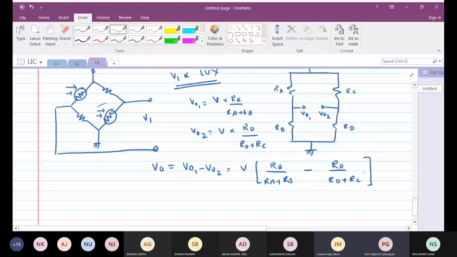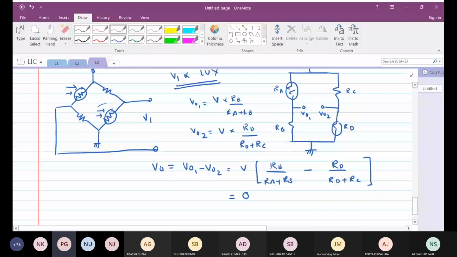Yes, sir. Now, if all these resistors are equal, what will be the output voltage? If all these resistors are of equal value, what will be the output voltage? 0. Yes, correct. In that case, what will happen?